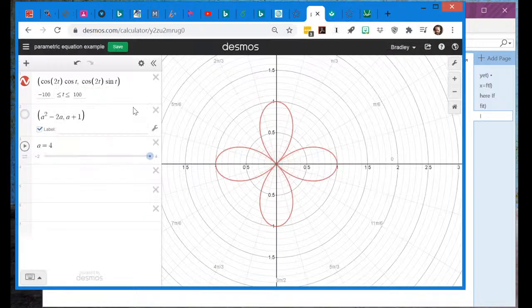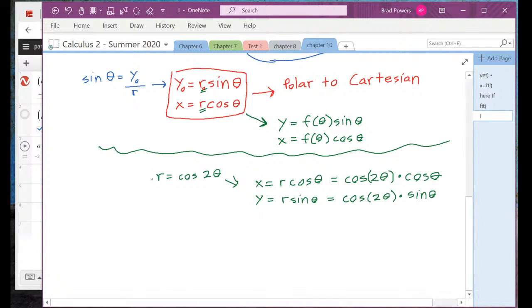R cosine theta for x, r sine theta for y. And we started off with r equals f of theta. In this case, f of theta was cosine 2 theta.